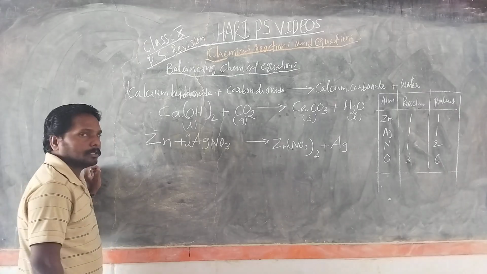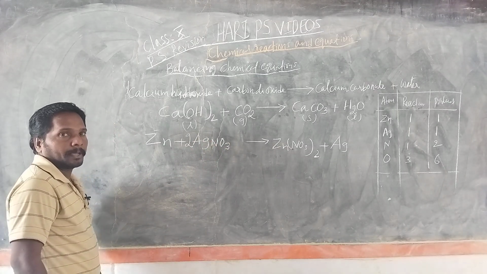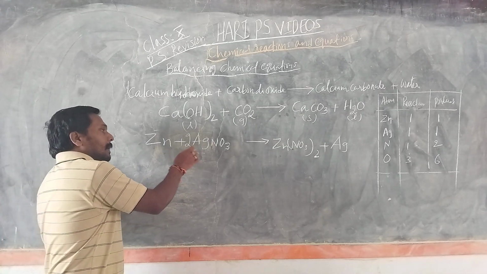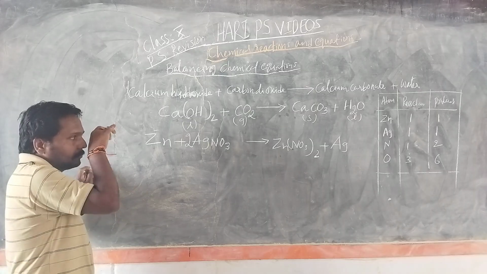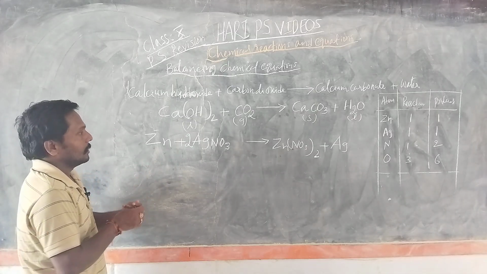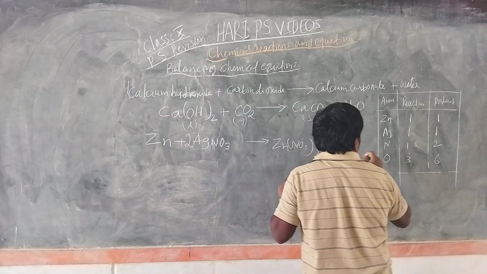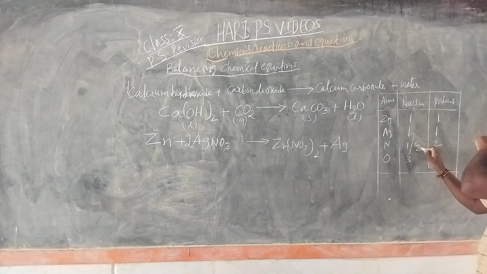Do not multiply only nitrogen. It is wrong. You have to multiply the whole compound. Now check it. After multiplying with 2, nitrogens are balanced.